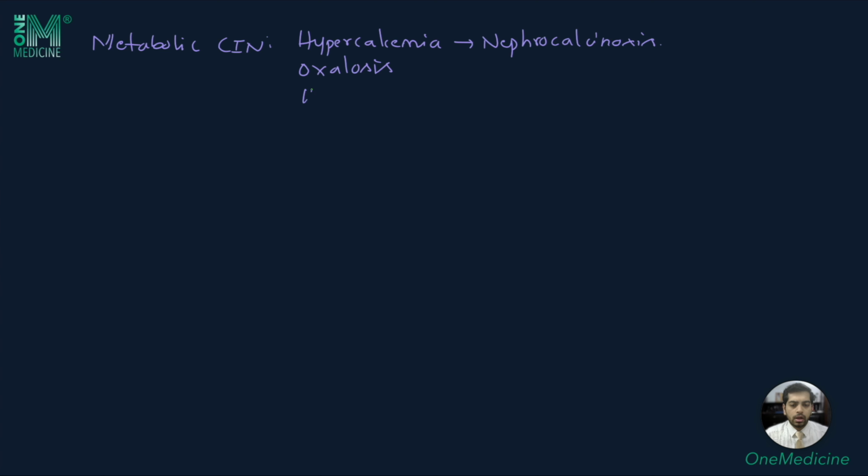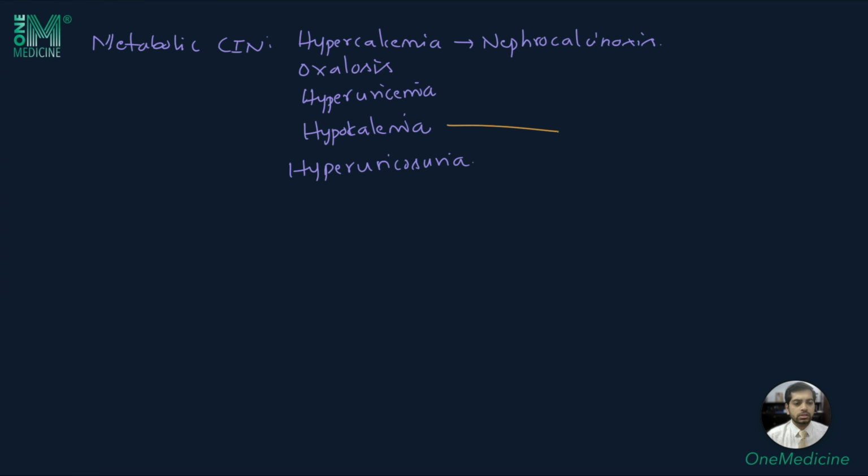Metabolic causes of chronic interstitial nephritis include hypercalcemia with nephrocalcinosis, oxalosis, hyperuricemia, hypokalemia, and even hyperuricosuria.